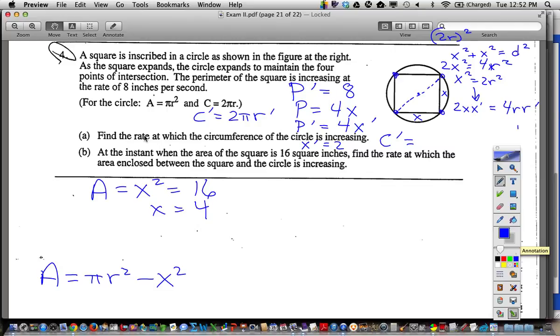I'm missing something. Hang on here a second. Perimeter is increasing at 8 inches per second. P is 4x. P prime is 4x prime. So x prime is 2.